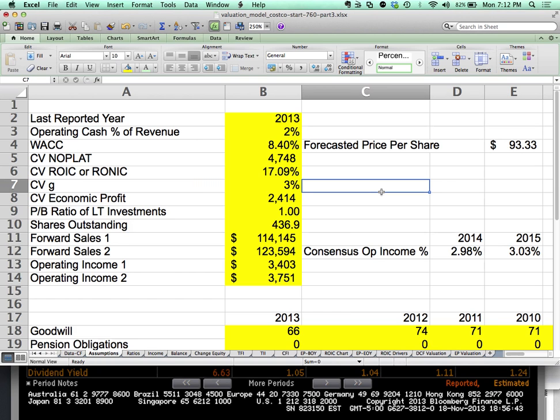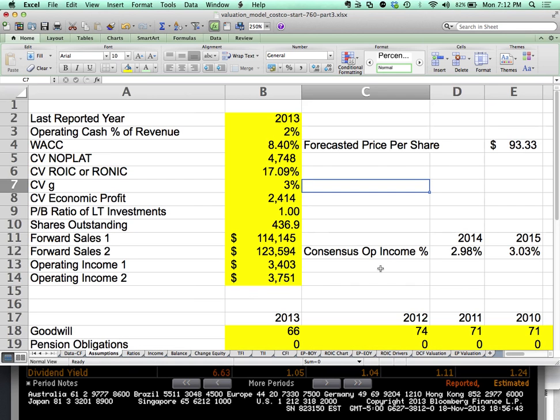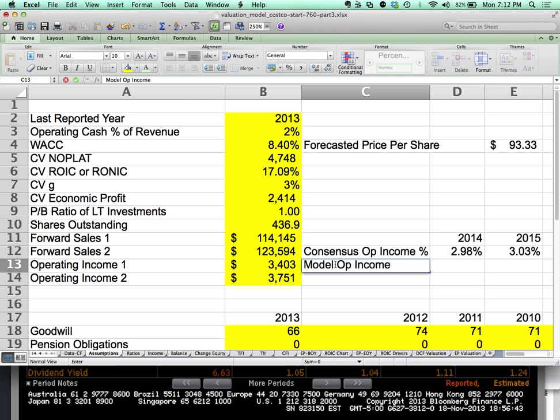Everybody see those numbers, where they're coming from? So what I really need is for this number, instead of 2.9, to be 2.98. So in my model, operating income percent, I have these two numbers.